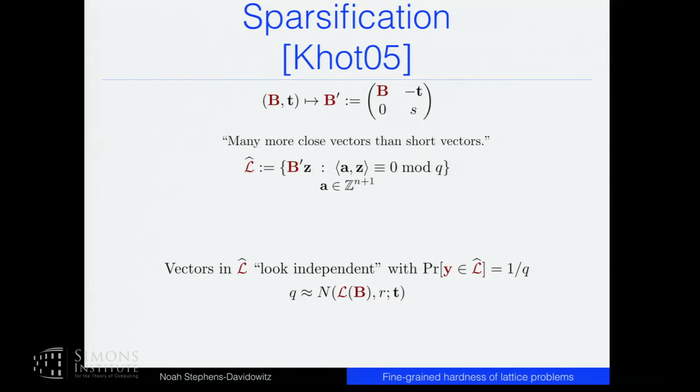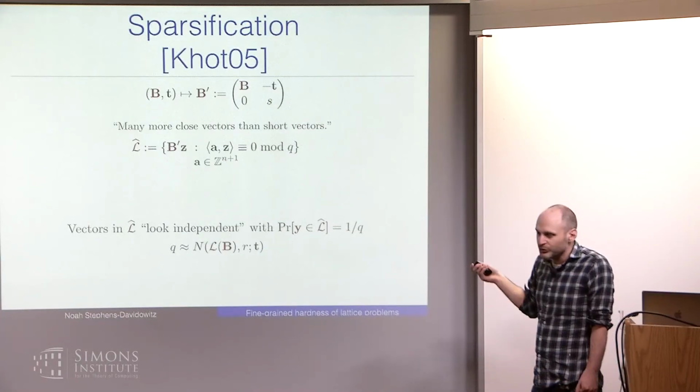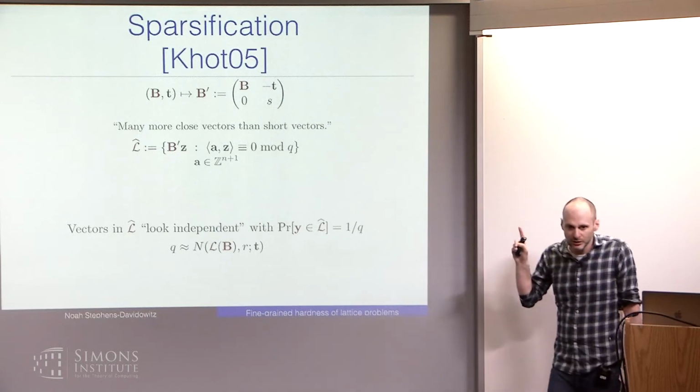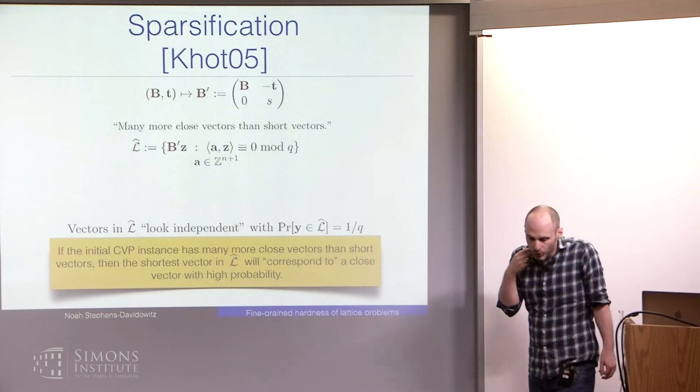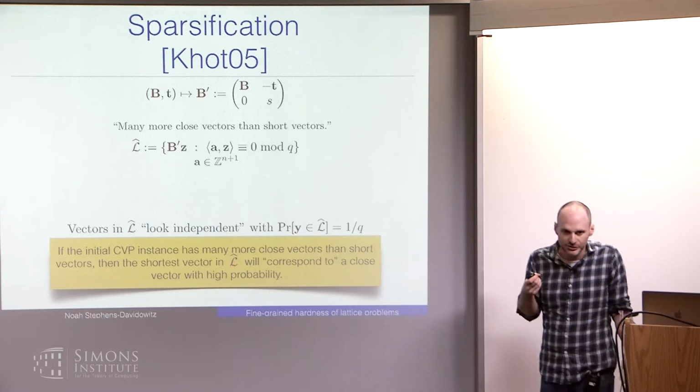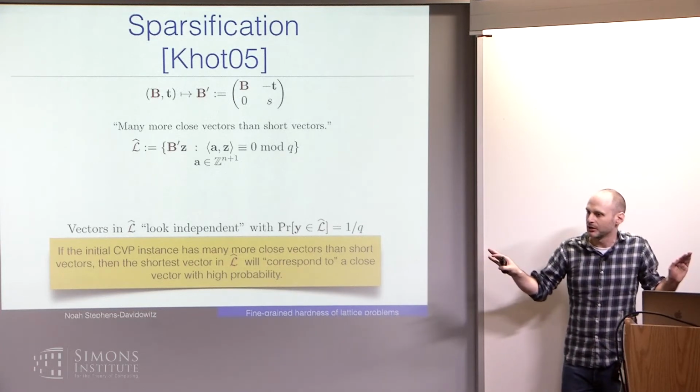It takes our lattice and it sort of randomly samples a 1 over q fraction of the lattice points. So if we take our value q to be roughly the number of close lattice vectors, then when we do this operation, we'll be left with roughly 1 close lattice vector remaining. And if we had many, many more close lattice vectors than short lattice vectors, then all the short lattice vectors will be gone.